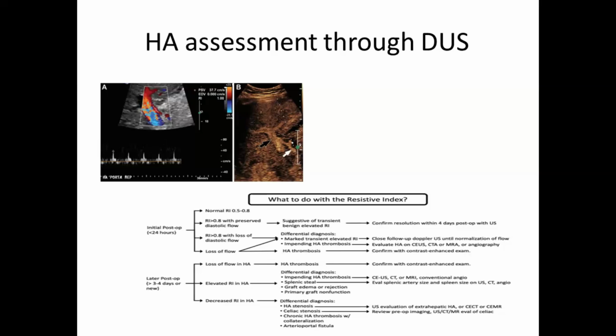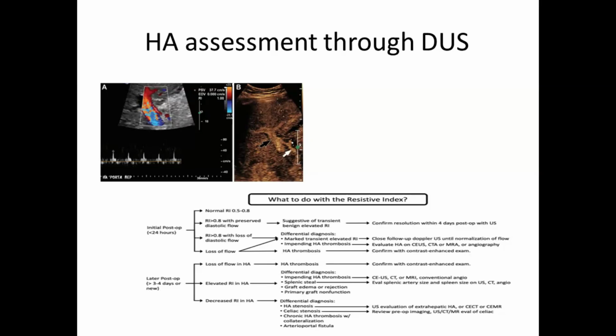So please remember that when the RI is more than 0.8 and there is loss of diastolic flow, the differential diagnosis is this is only a transient elevation, or if they do not see the diastolic flow, then you've made the diagnosis of hepatic artery thrombosis, and this would be confirmed by the cross-sectional imaging.